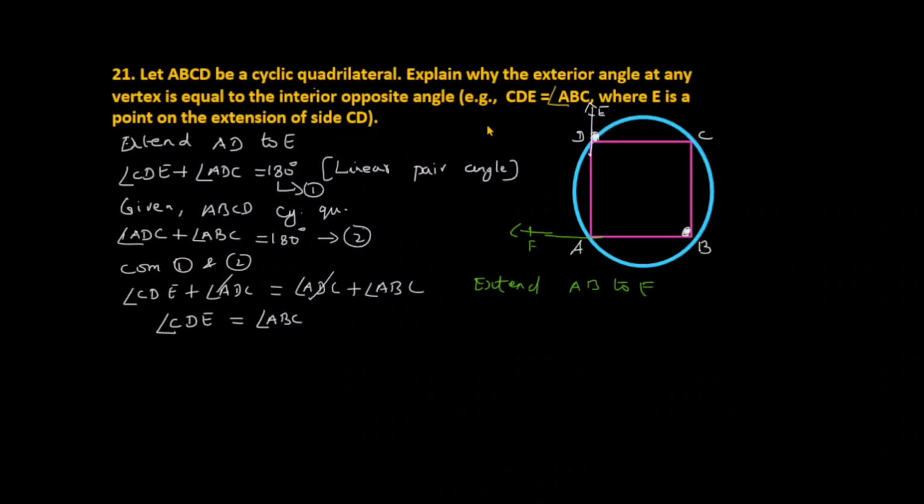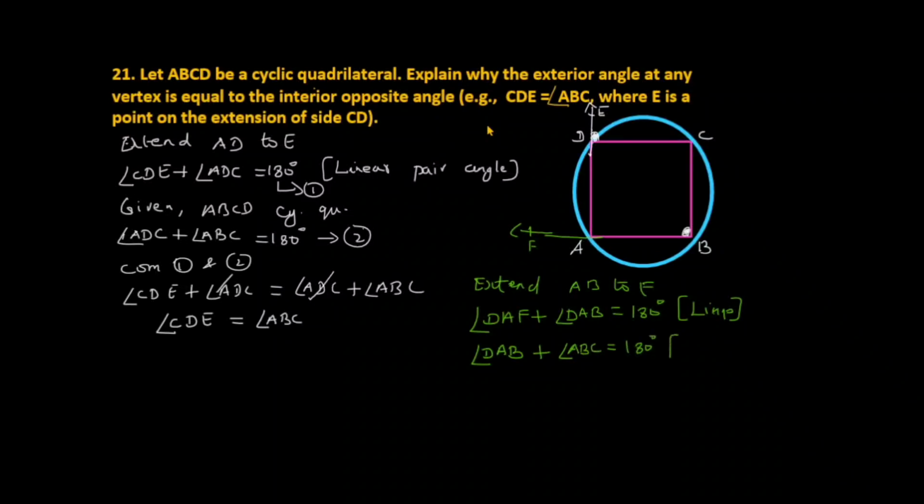We get two linear pair angles. That is, angle DAF plus angle DAB is equal to 180 degrees, a linear pair. And the angle opposite to DAB is angle ABC.